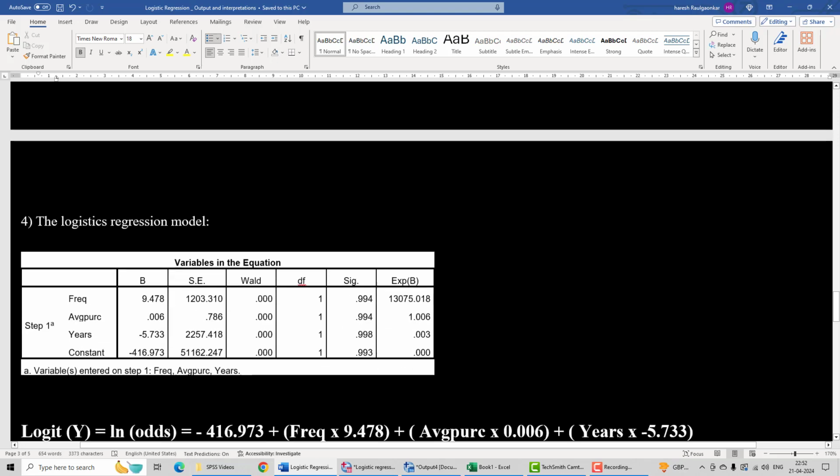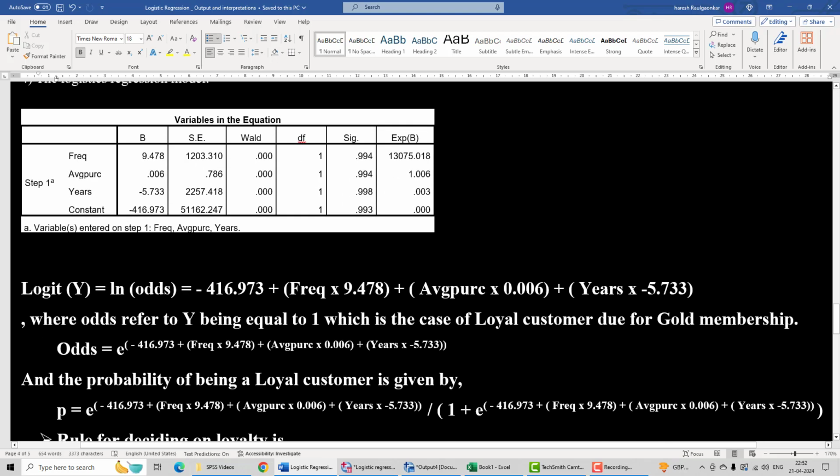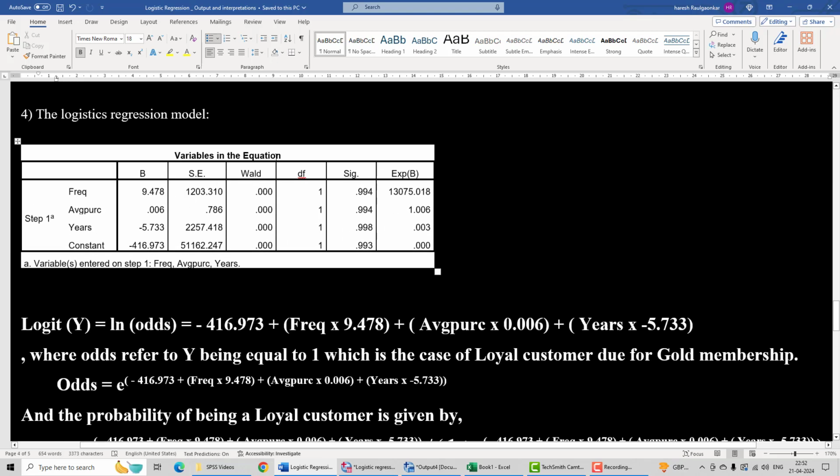Now lastly, we come to the actual model. So we get these variables in equation, and these beta values, these b values, we are going to use for writing our model. The constant is there, then frequency into 9.478, then average purchase into 0.006, and years into -0.5733.